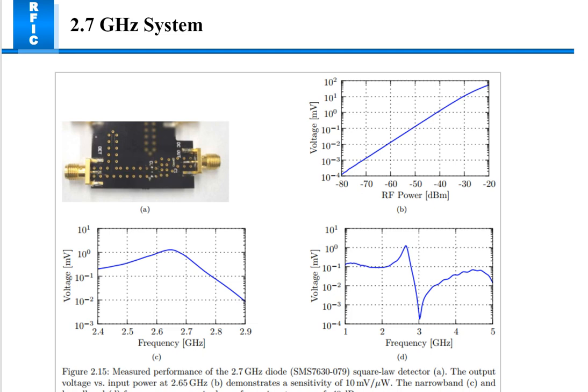Figure C is broadband, and figure D is a frequency response, as shown for an output power of 40 dBm.